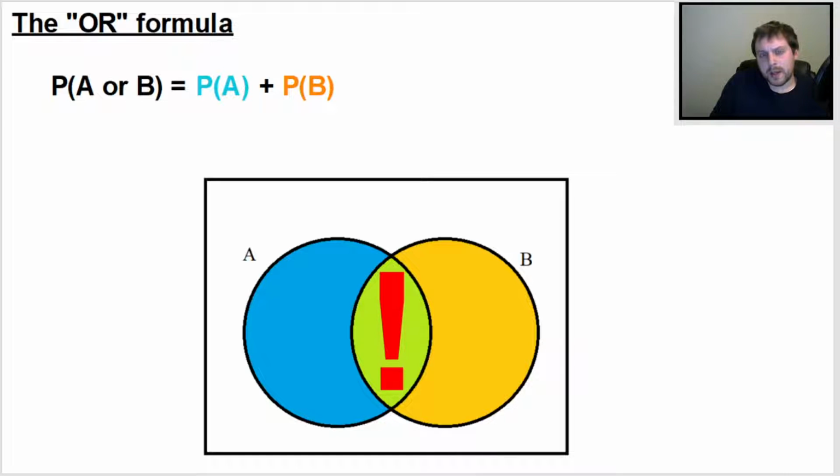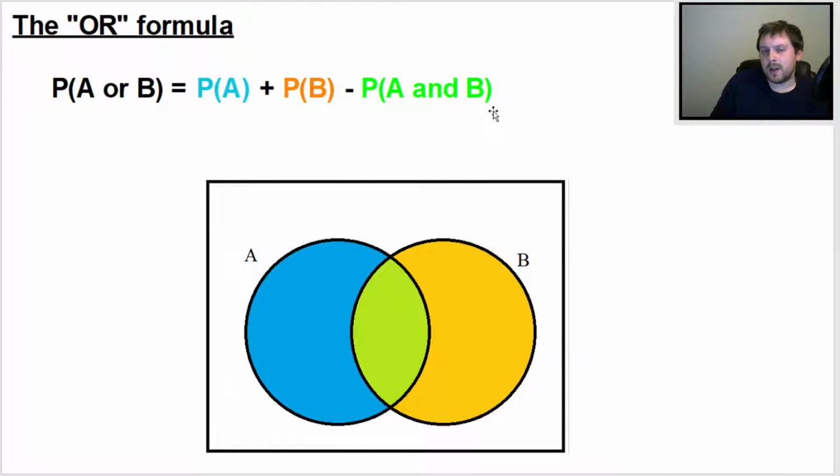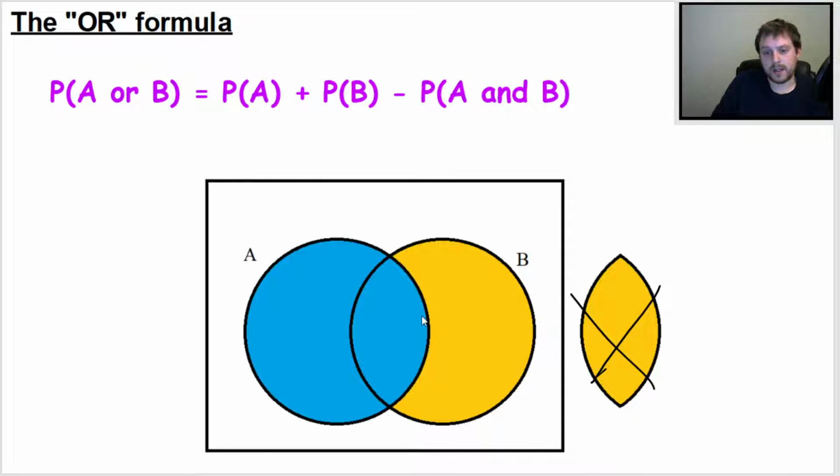So what we do to make up for that is we just take away one copy of it, and then we're left with the right formula. Because it's basically out, it's popped, and we've got the right formula.